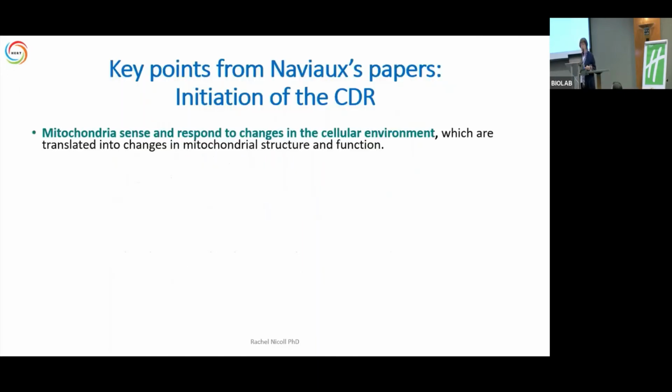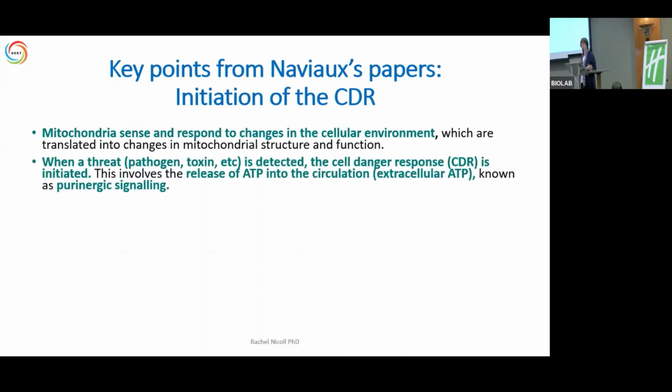So, initiation of the CDR. Mitochondria sense and respond to changes in the cellular environment. I don't think there's anything controversial about that. So when the mitochondria detects a threat, which in this case is a pathogen or a toxin, the cell danger response is initiated. And this is the release of ATP into the circulation, where it's known as extracellular ATP, for purinergic signaling.